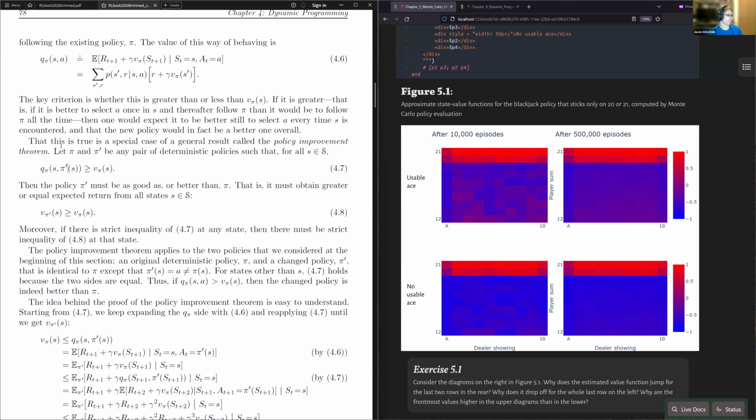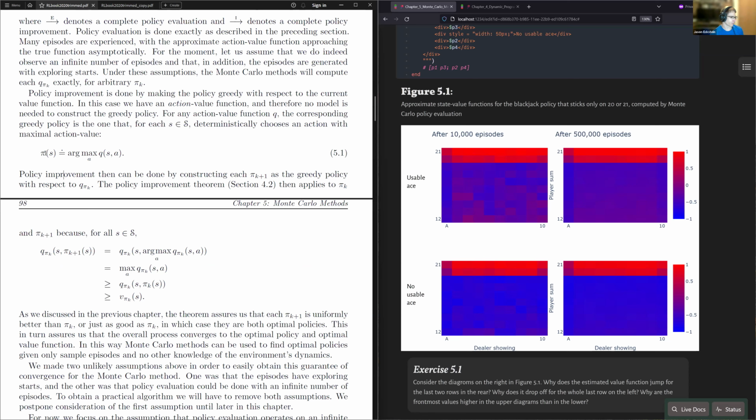The leap the policy improvement theorem makes is that if the action is better just once, and this is true at every state, then it's also better to take that action every time we encounter the state. And that is the value function of the new policy. So we're using the exact same policy improvement criterion, where we're just calculating the greedy policy.